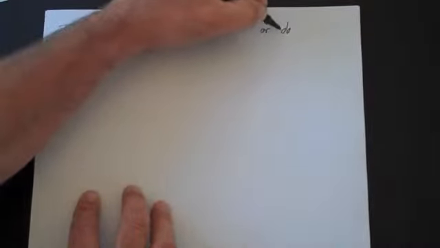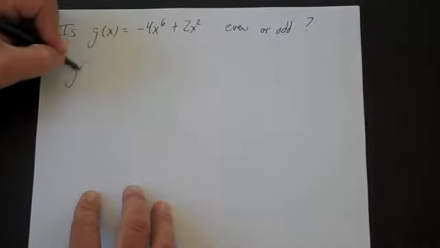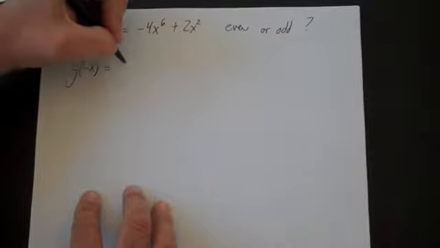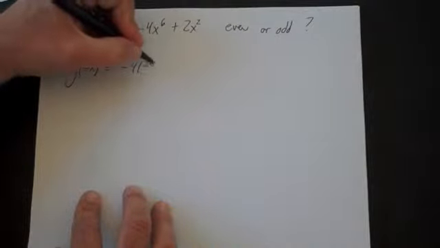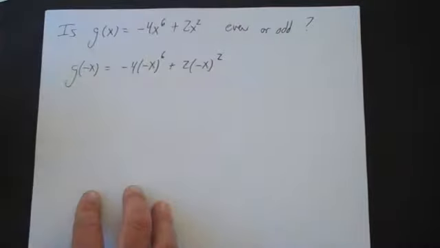Is g of x equal to minus 4x to the 6 plus 2x squared even or odd? So the first thing that you do is you find g of minus x. That's minus 4 times minus x to the 6 plus 2 times minus x squared.